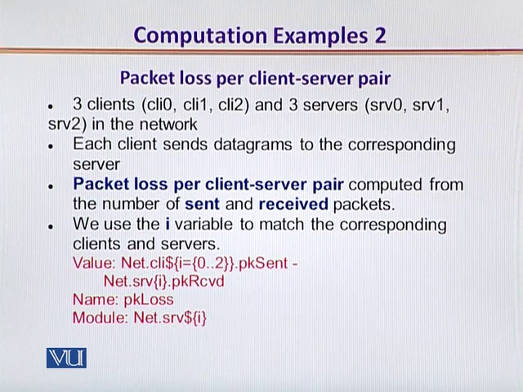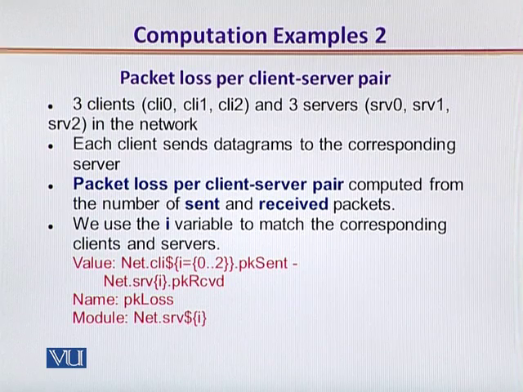If we really want to determine the packet loss at the per client level, we actually have to ensure that the sent and received packets belong to this particular session between client and server. For that, we need to use the I variable. If we look at the value, you see that the clients and the server packets are over a single communication session.